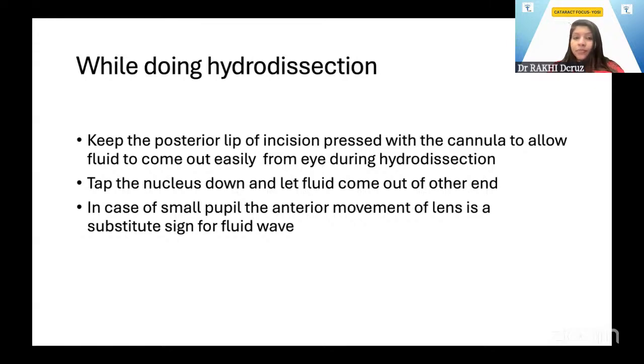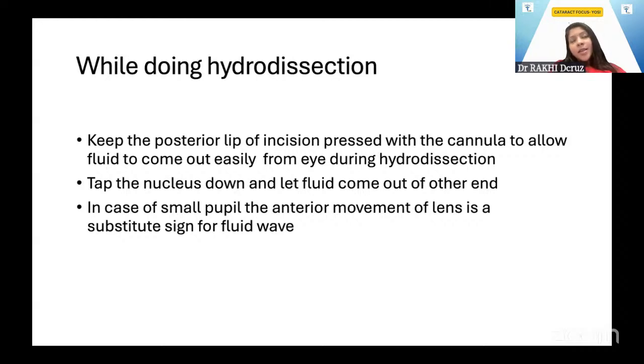Many people, especially beginners, usually think hydrodissection is a very easy step, and they don't give it that much importance. But when you go into practice, you understand that not only CCC, everybody thinks that the CCC is the most important step, and if you have mastered CCC, you're good enough with phaco.